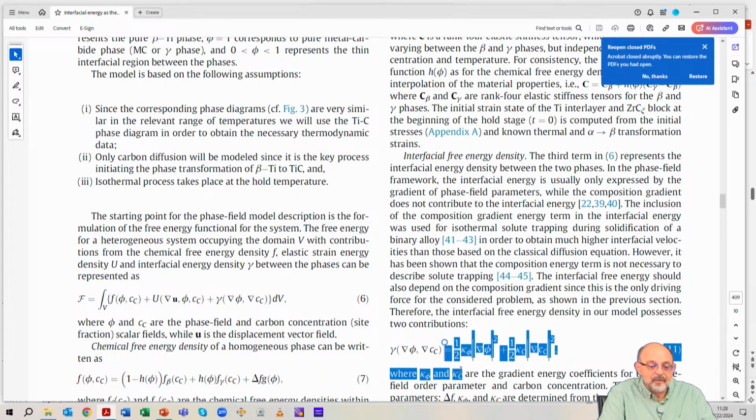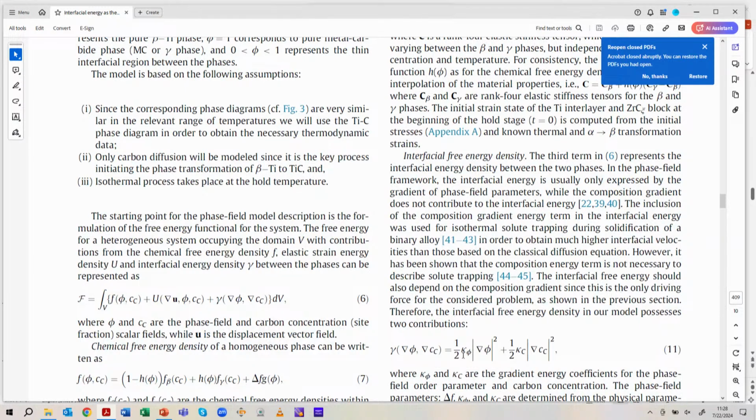This is a standard phase field, this first part, with gradient of phi. But the second part tells us that interface energy depends on the concentration jump on the interface, because concentration jump translates into concentration gradient when you switch from sharp interface to diffuse interface, right? Jump becomes gradient.